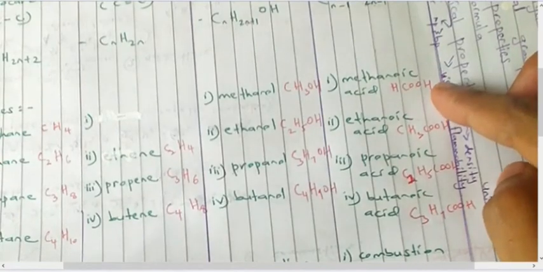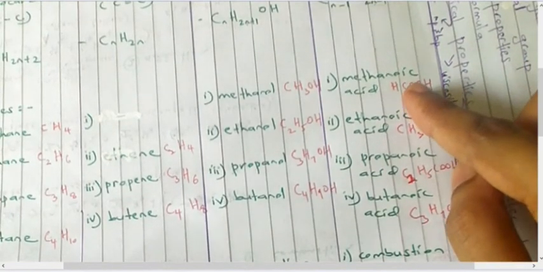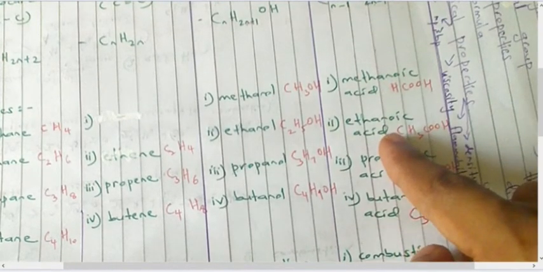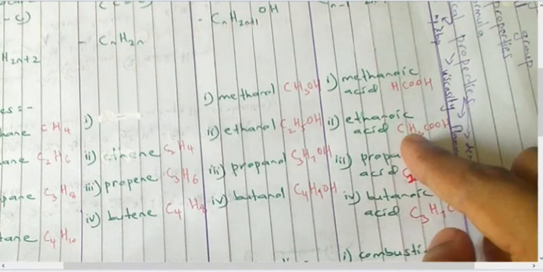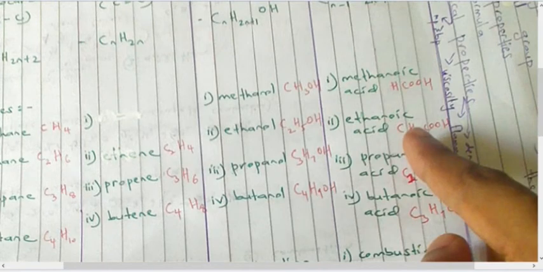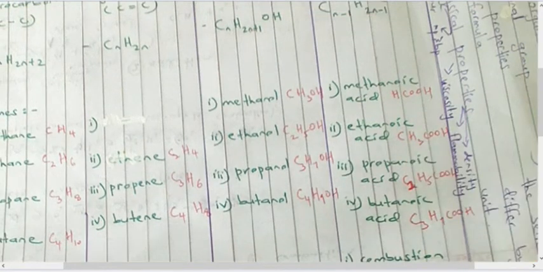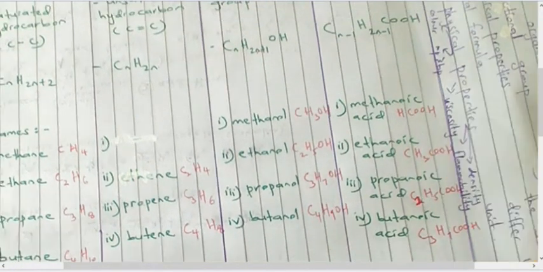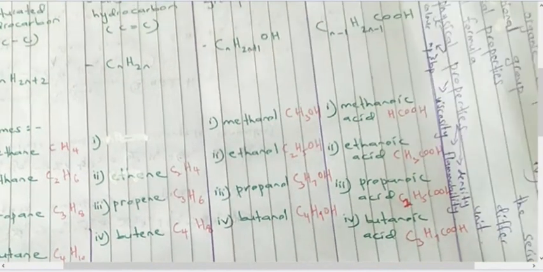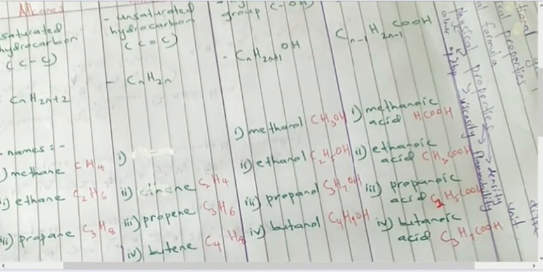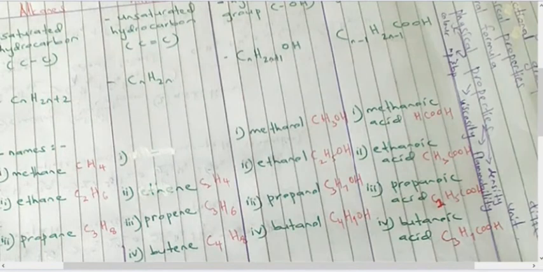From methanoic acid to ethanoic acid, I just added an extra C and H2, so CH2. So each member in the series differs by a CH2 unit. That is their molecular formula and naming of the compounds. How to draw the structural formula I will explain to you in the next video.